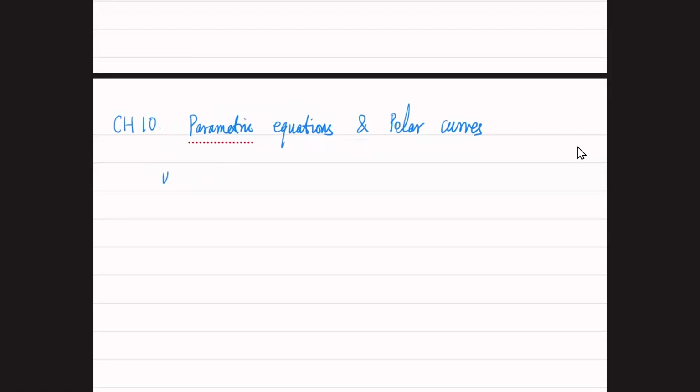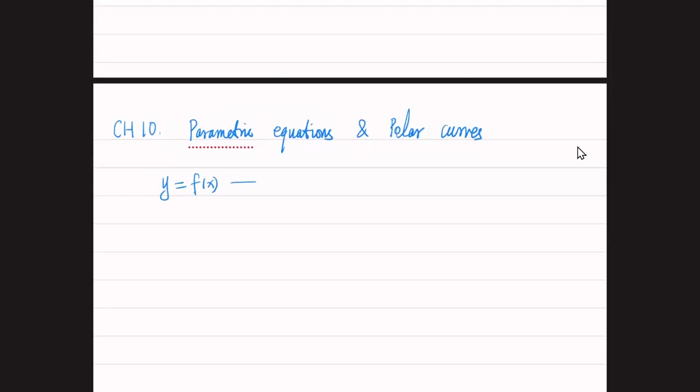The definition of this is a generalization of the curve graph of functions. We start with this function. The graph is a curve.